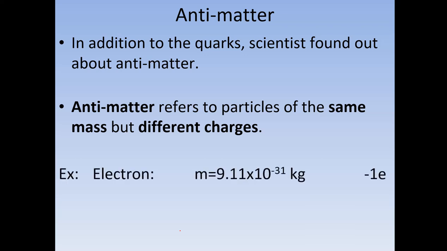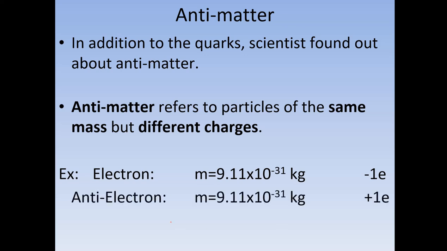So for the anti-electron, what we'd want is the exact same mass of 9.11 times 10 to the negative 31, but the charge is opposite, plus 1. An anti-electron is one of the more common forms of antimatter, and it actually has the name positron.